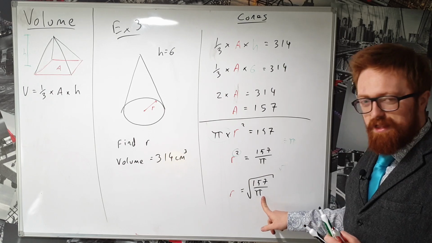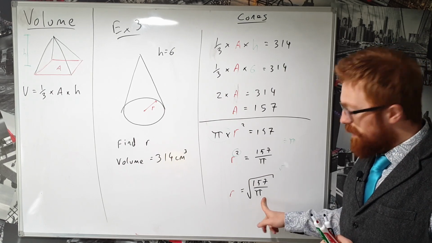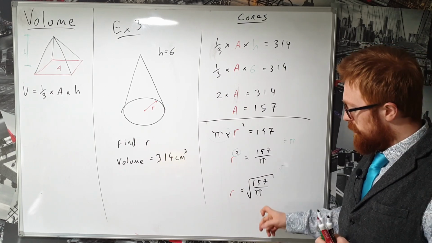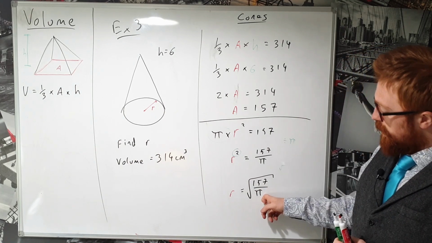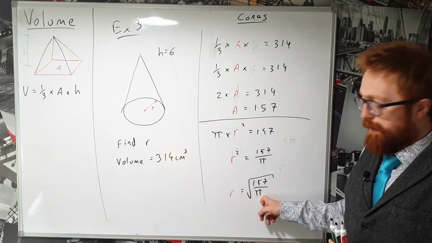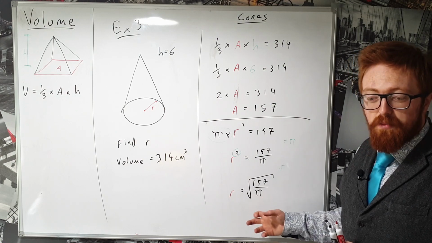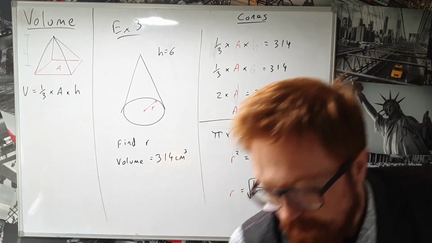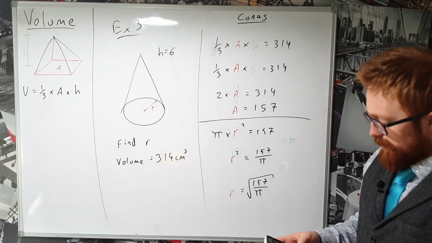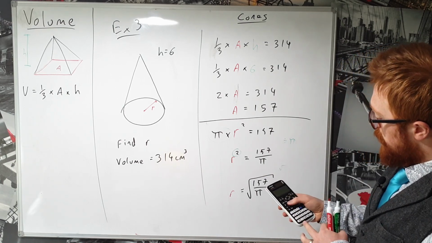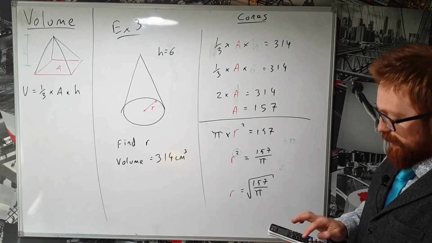But we do need to deal with this a little bit, because that, even though it's exact, isn't all that easy to read. I certainly wouldn't be able to tell you what that's about without some pretty decent thought going into it. So in this case, we'll get our calculators, and the Casio calculators are really nice because you can type it in exactly how it is.